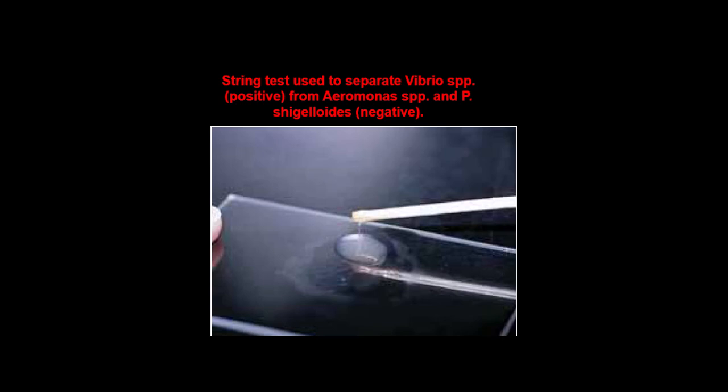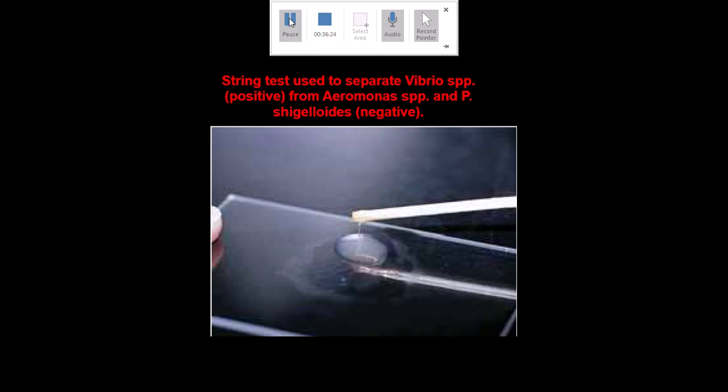When this is applied, you can see a more elastic and sticky type of reaction, positive in Vibrio, while to differentiate it from Aeromonas, for example, and Plesiomonas shigelloides, these are usually negative. This is very important. We can use that in the lab for differentiation.